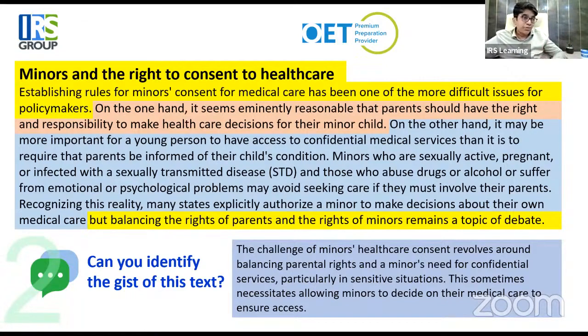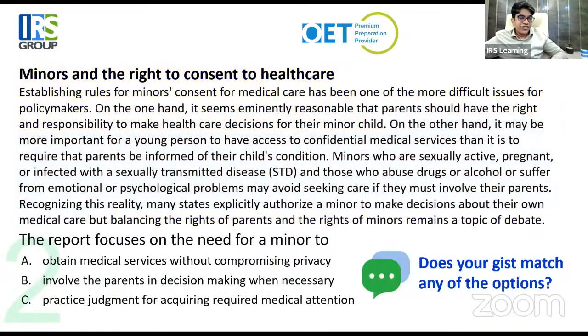Not going to read all of it, but they are mostly on the mark. So here are the options on the screen. See if your gist matches with any of the options.